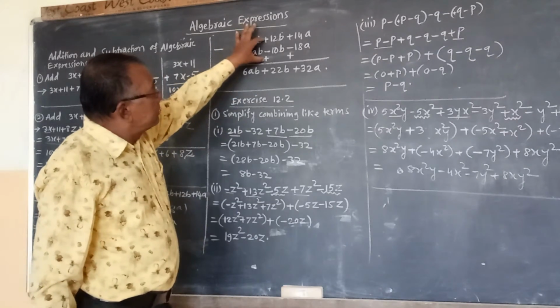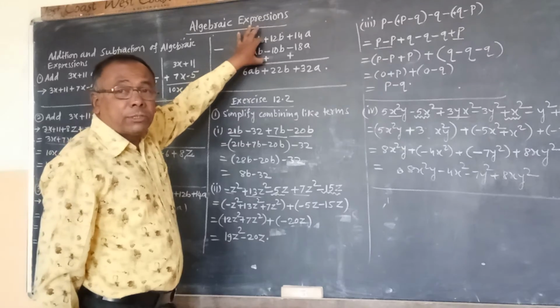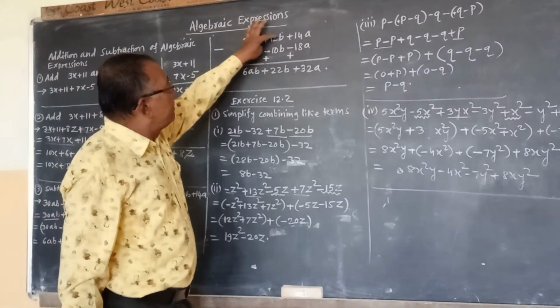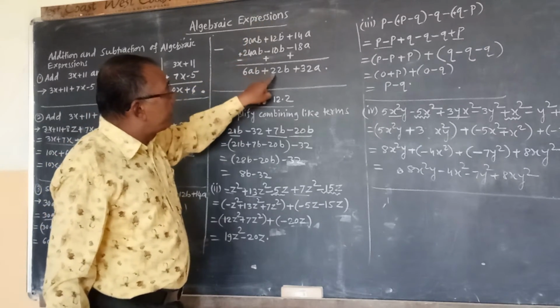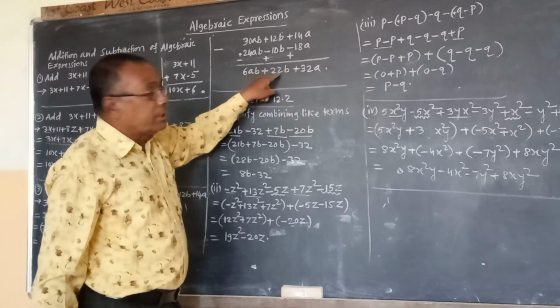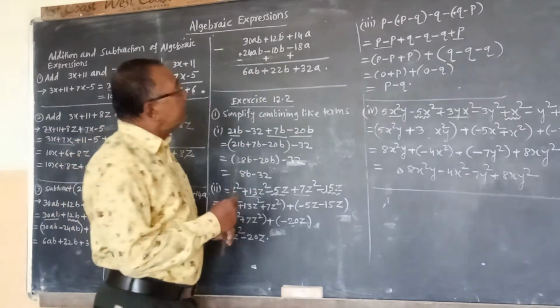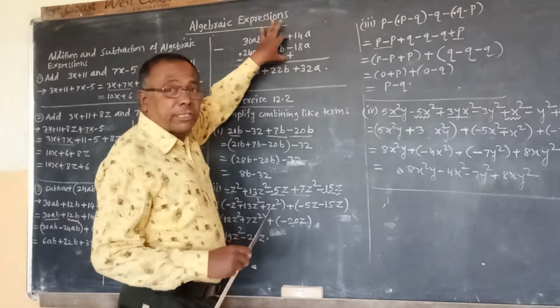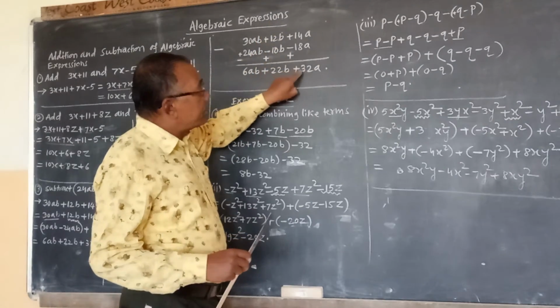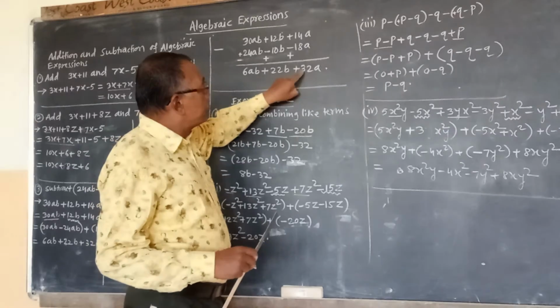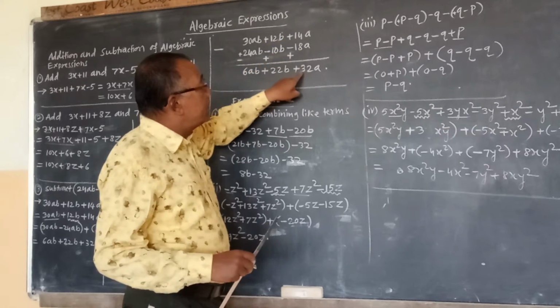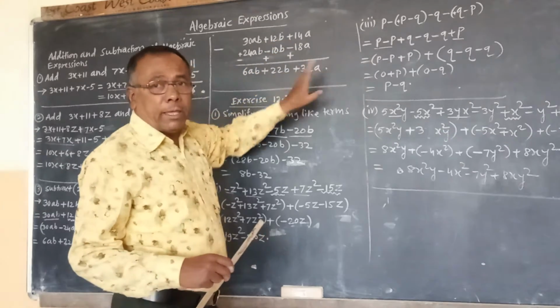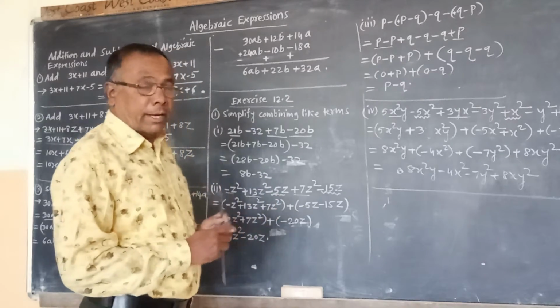Now here both the terms have the same sign, so 12b plus 10b will be plus 22b. Again 14a plus 18a, same sign, so addition will be there. So 14 plus 18 will be plus 32a.